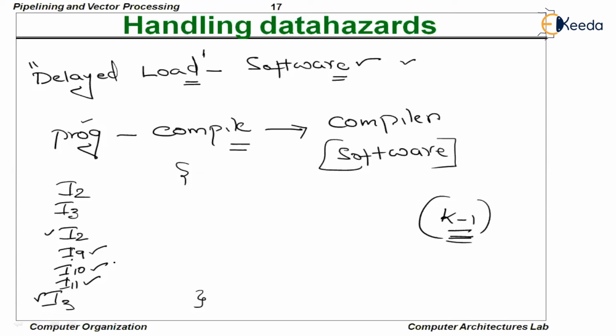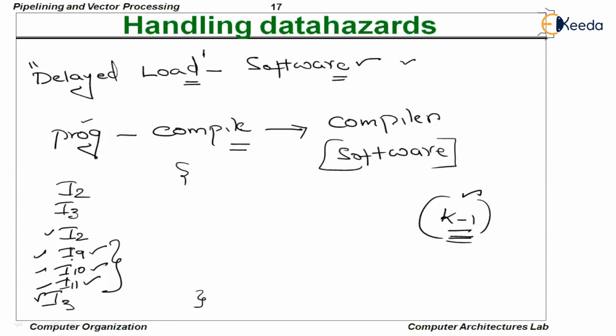Of course, in a program, you can find several independent instructions, a few of which can legitimately occupy the slots of the delayed ones. The delayed slots are here between I2 and I3. There are k minus 1 delayed slots. So these delayed slots can be filled up by some independent instructions.